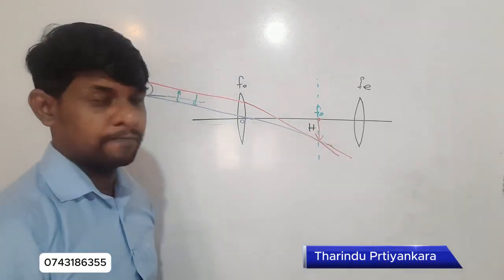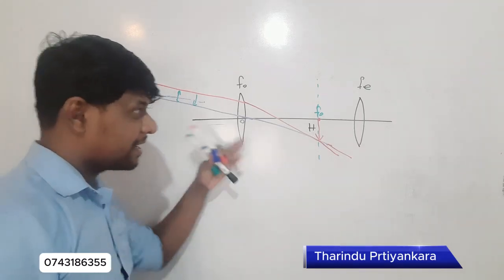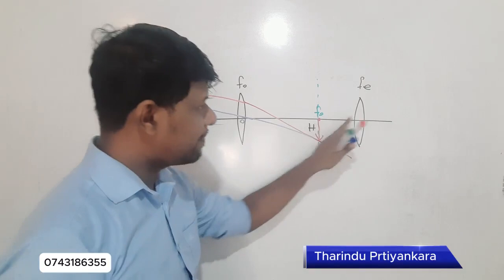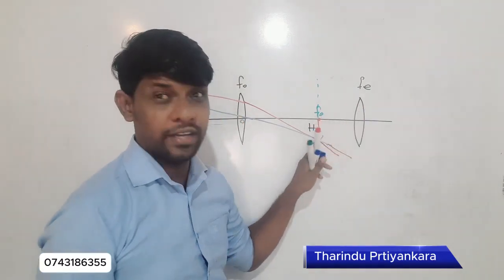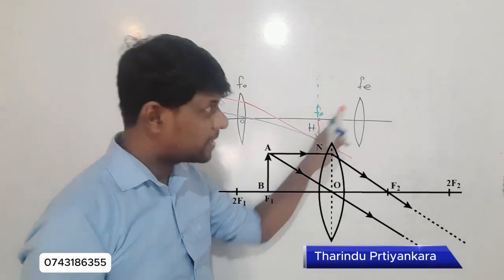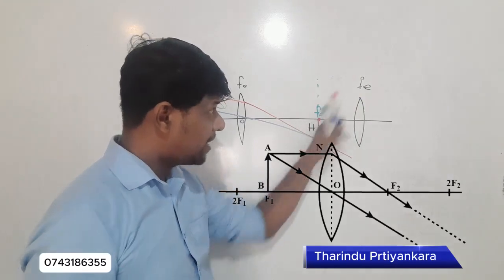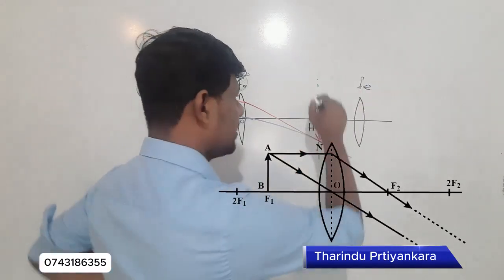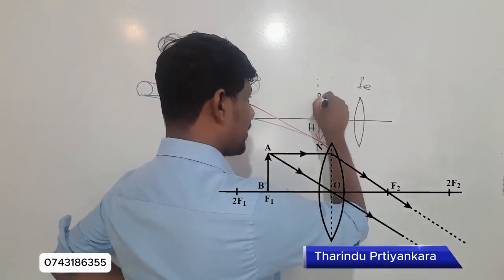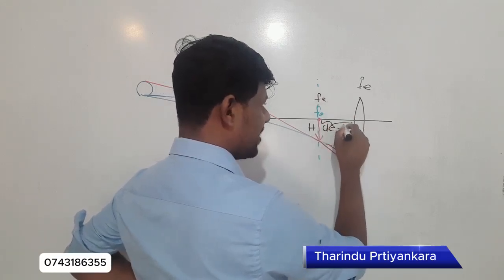Okay, first image. Right. If I want to create a final image at infinity, where should I keep this lens so as to create this one? You have to create it exactly on the focal point, the focal plane of the second lens. So FE is also the same point. So UE is none other than FE, right?